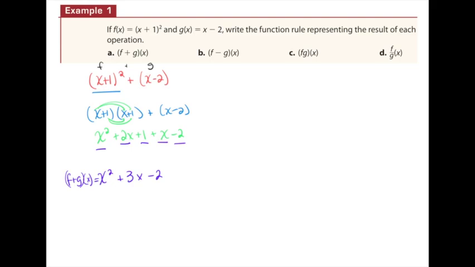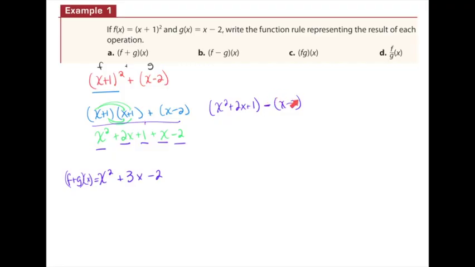You would do the same thing with subtraction. You would basically get to this point: x squared plus 2x plus 1 minus (x minus 2). With subtraction, what do you think you need to watch out for? This little guy right here. So remember to get it out of the parentheses. Here, it wasn't an issue because we had just a plus 1.